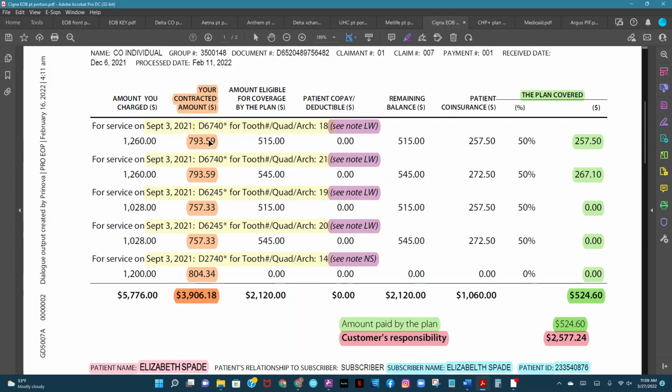But we are contracted with the insurance for this fee over here. So due to the patient's coverage, insurance is going to cover this fee right here, the 515 at the 50%. That's why they're only covering the 257.50, okay?